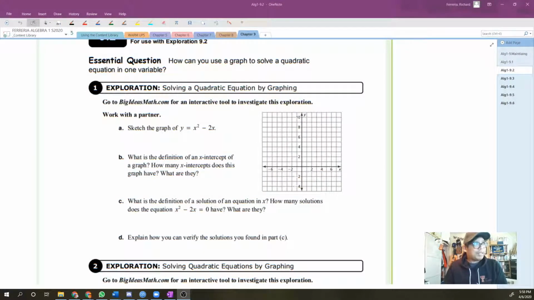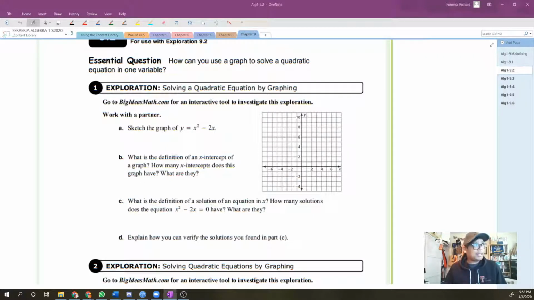So the first part says to sketch y equals x squared minus 2x. And I'm going to take that approach that we were doing where we find the vertex first. So in that version, we're going to make sure that we have all the x pieces on one side of the equation, and yes, they're on the right side. Then we're going to figure out the values of a, b, and c.